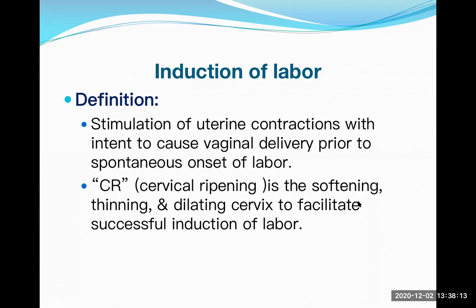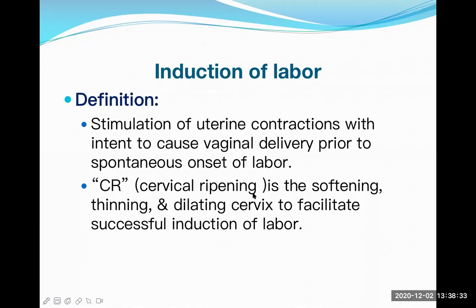Another one, some ladies may present to the hospital with intrauterine fetal death. So how to take that fetus outside? By inducing the labor. That is another example you can think of. Cervical ripening is an important term which is associated with induction of the labor.